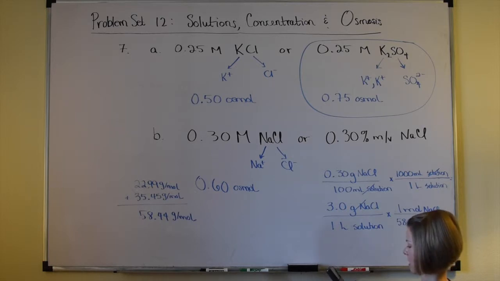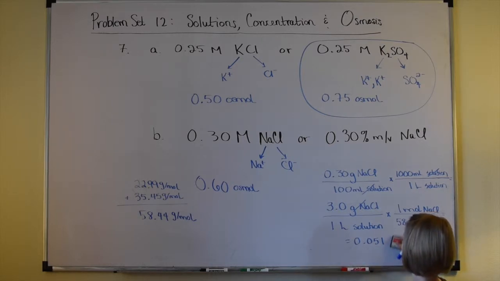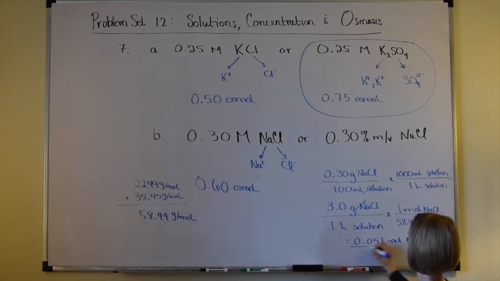All right, so my answer is, I'll write it all the way down here, 0.051 molar. All right, moles per liter. Moles of sodium chloride per 1 liter of solution.